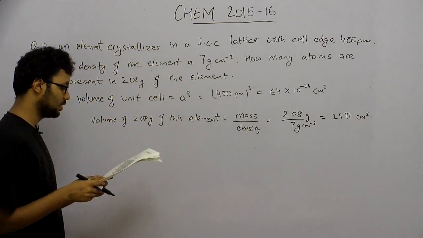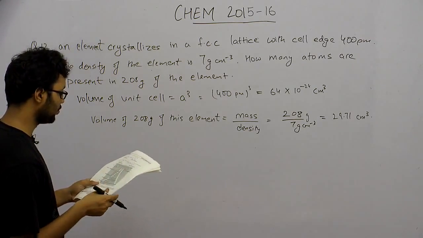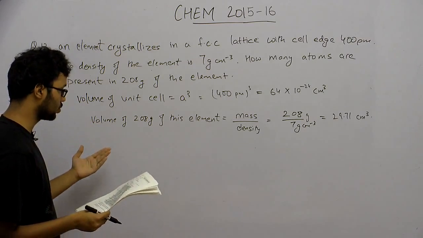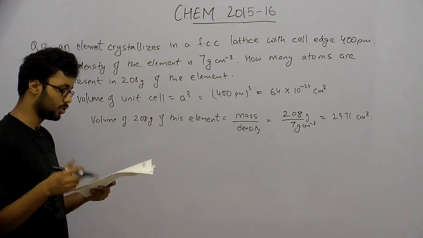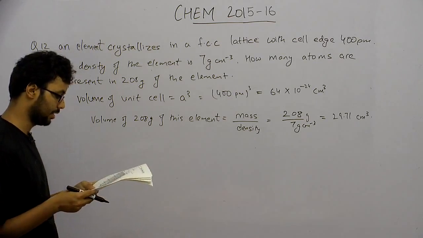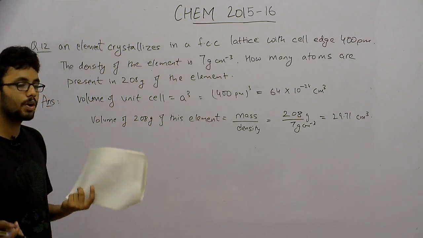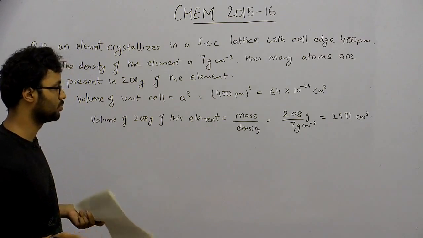Now since we know the volume of the unit cell and also the volume of 208 gram of this element, we can calculate the number of unit cells in this volume.